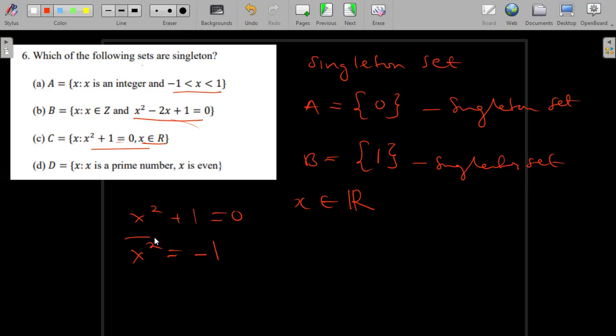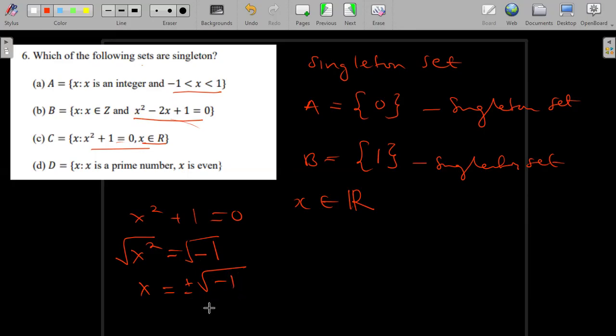You get this here. If I take the square root on both sides, I'll have x is equal to plus or minus the square root of -1. Now the root of -1, I know you guys are doing complex numbers, is not going to give you a real number. This is not a real number at all.